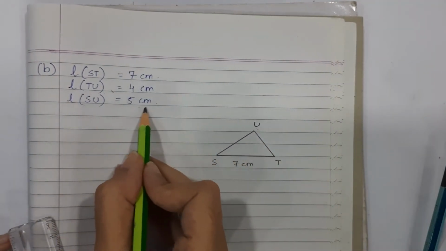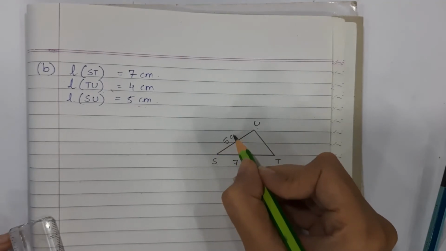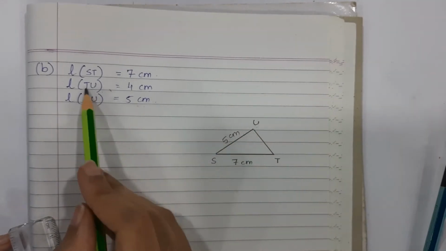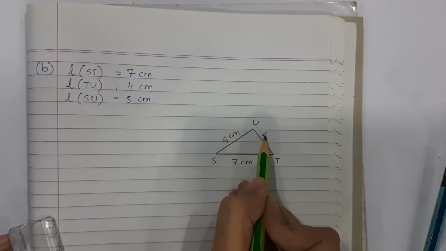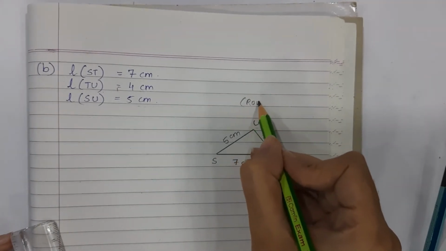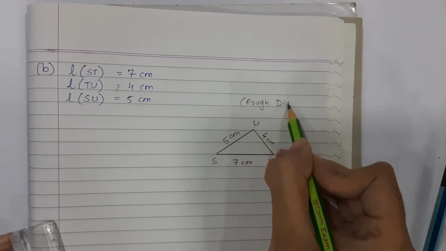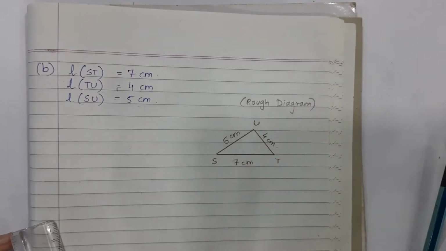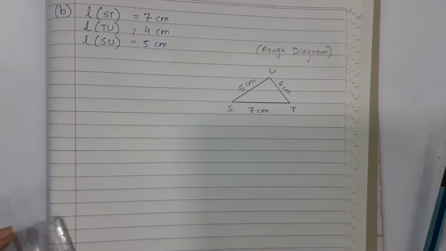So SU, as we can see, is 5 centimeter, so on that side I will write 5, and the last side, the right hand side TU, is 4 centimeter. So I will write 4 centimeter. Once our rough figure is completed, we will begin drawing our construction of the triangle.